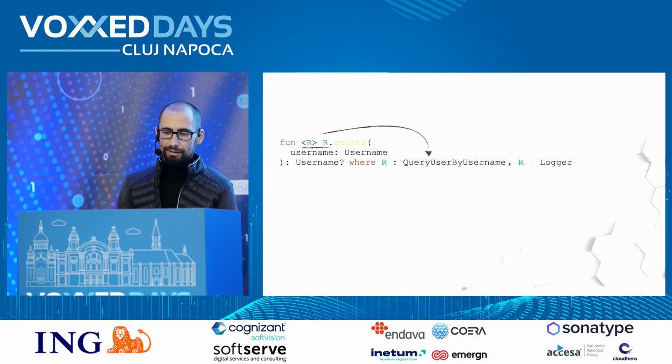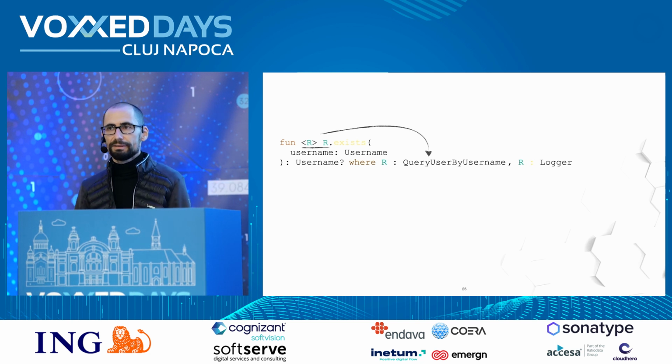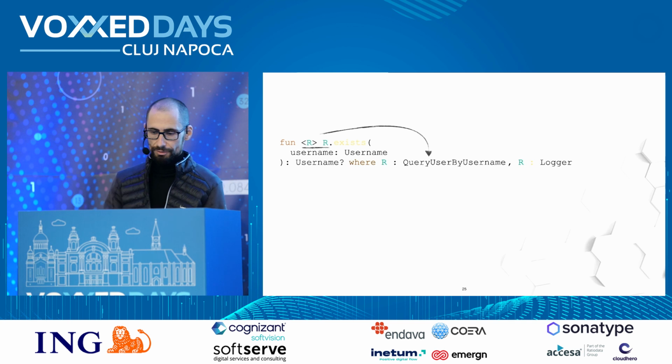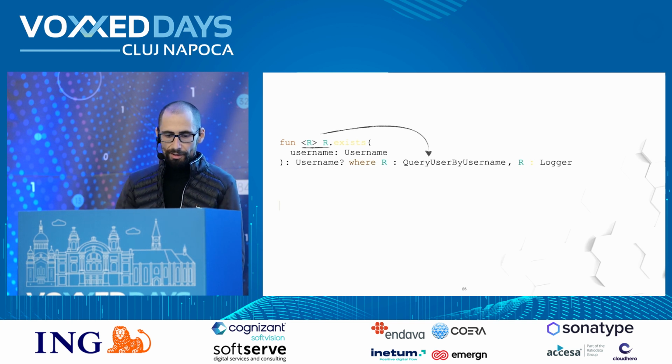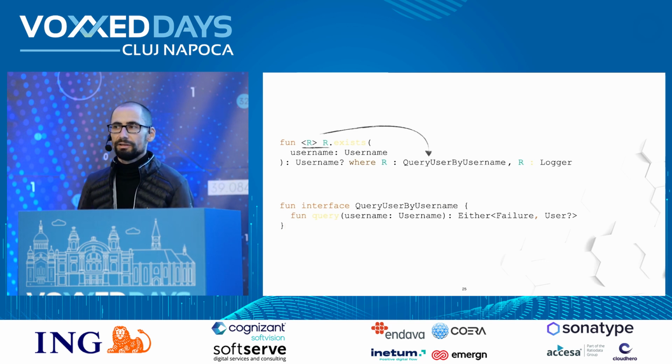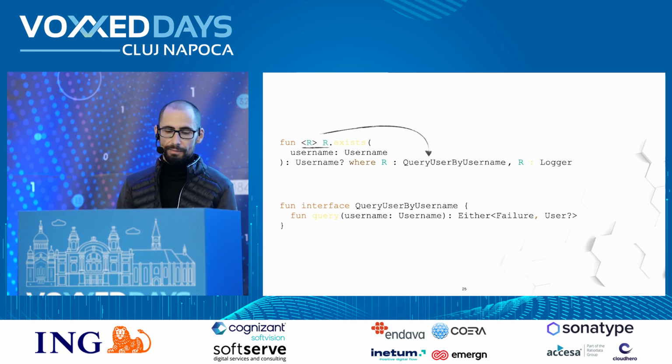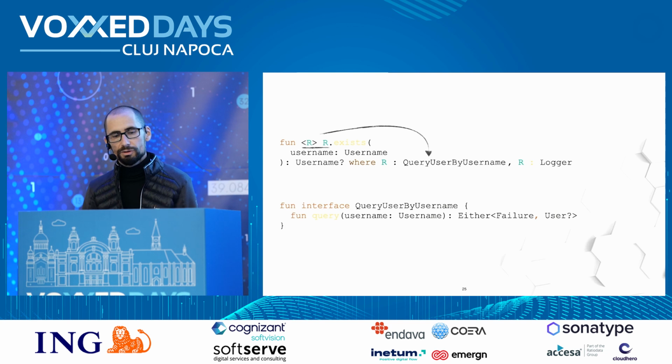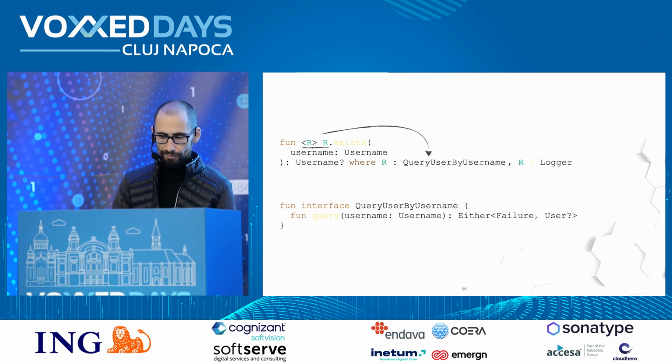But with this technique, you could pass as many dependencies as you want to a function. And query user by username is a functional interface or a single abstract method that we are going to use for multiple reasons, but we're going to see in a bit.